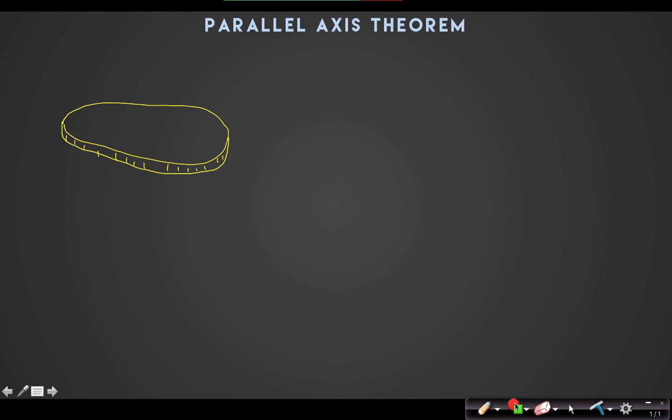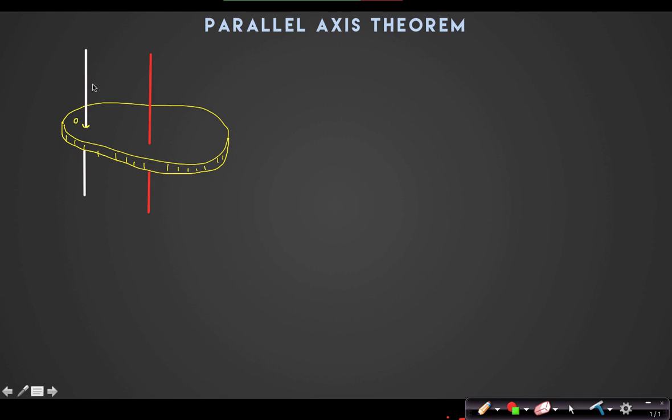This theorem says that suppose there is one axis, my axis of rotation. Actually the body is rotating about this axis, but there is another axis I have taken which is parallel to the first axis and passes through the center of mass of the body. So here IO is the actual axis of rotation.